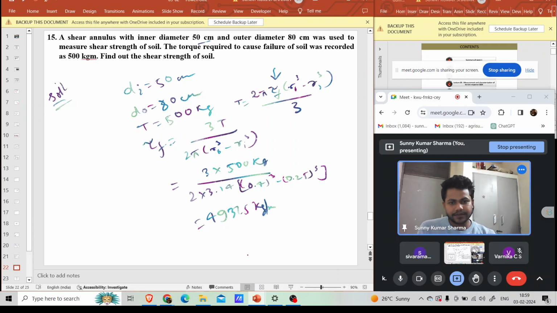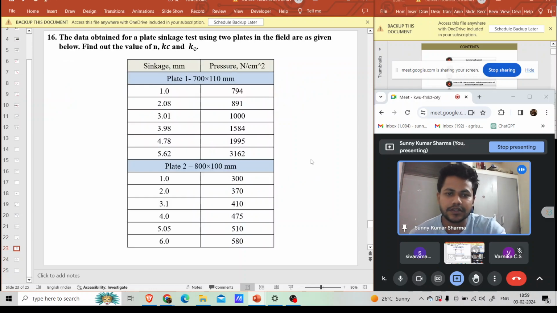Kilogram per meter square. Okay, correct. This was just formula, but this is the last question and somewhat lengthier also. If you have solved this, then you have all the concepts cleared of that pressure sinkage Bekker technique.